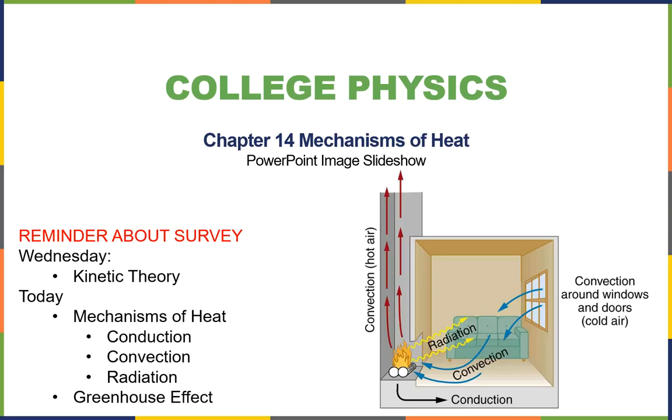Today, we're going to be talking about the mechanisms of heat, something I've been intending to talk about for a week, and the greenhouse effect. There was not a perusal assignment for today. I postponed it because I've fallen behind. There will only be one of the two that are currently set for Monday. It'll be the first of the two. I'll postpone the other one and figure out how to do this eventually.